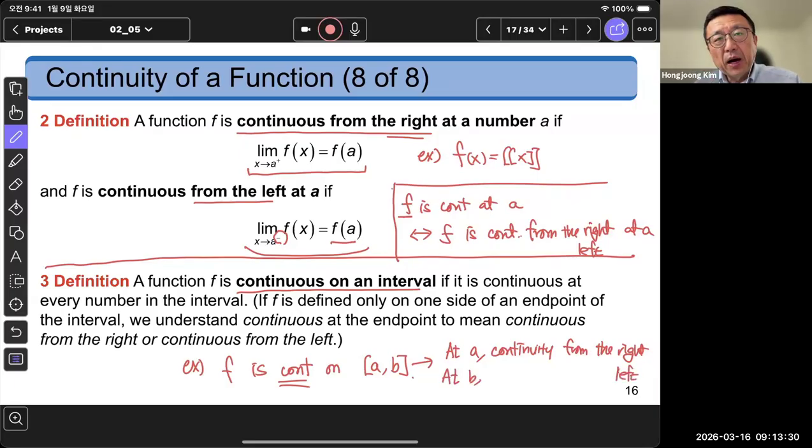That's what we mean by a continuous function on some closed interval.